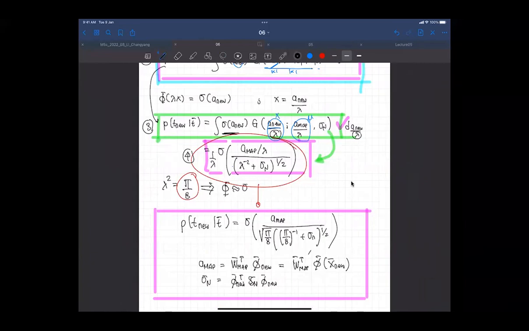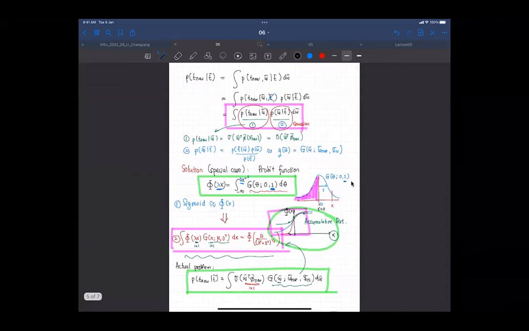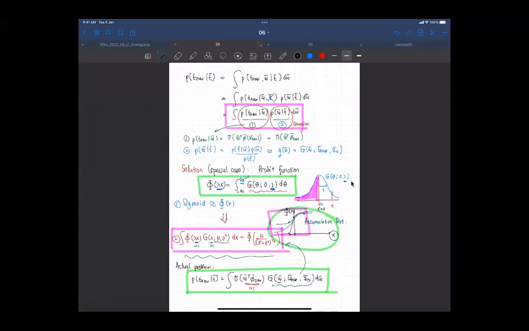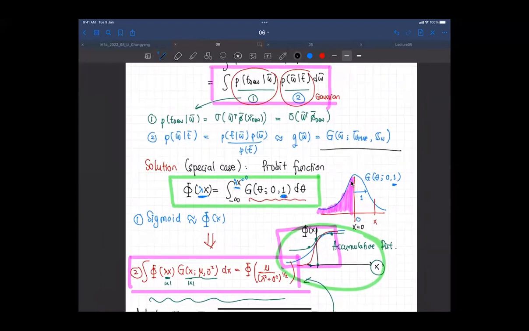A MAP can depend on W and alpha, and Sn is from the Gaussian approximation, from the Hessian, the second derivative of your error function.